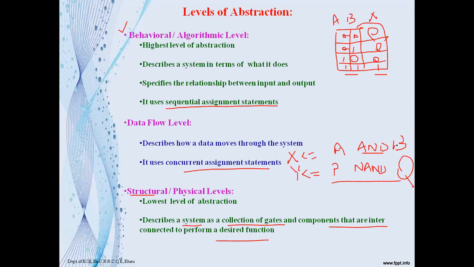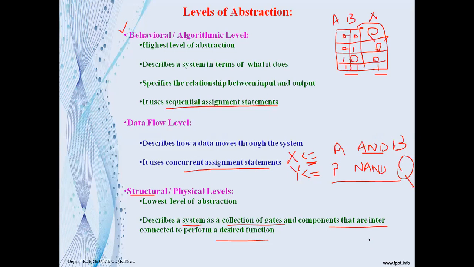So A and B, which means that A and B are logically ANDed, and by using the assignment operator, less than or equal, you are assigning this output value to X. So that is the data flow level of modeling. In the data flow level of modeling, we use the logic expressions to implement the circuit.